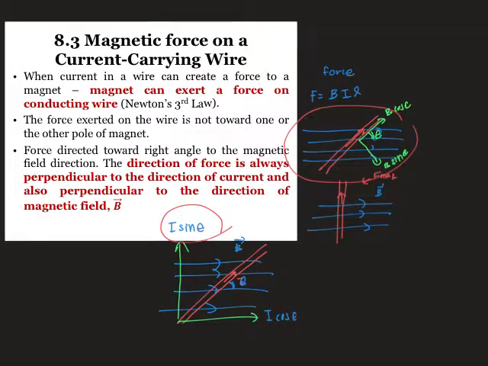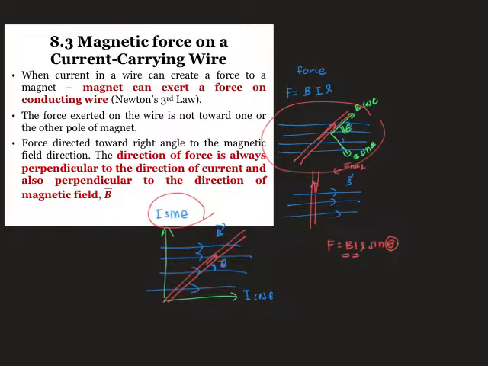That's the reason why you get the formula F equals BIL sine theta. The theta is the angle between the magnetic field and the current. So to get the maximum magnetic force, definitely the current carrying wire should be perpendicular to the magnetic field like this.